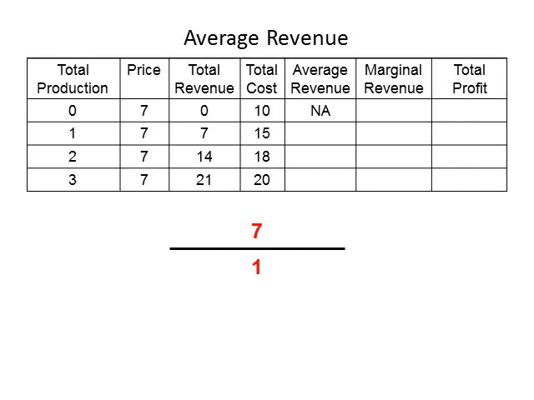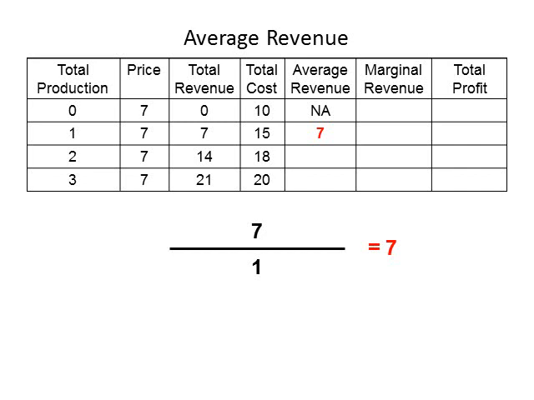Next, divide the total revenue, in this case 7, by the total production, in this case 1, which gives 7. Transfer the 7 into the second row of numbers in the average revenue column.